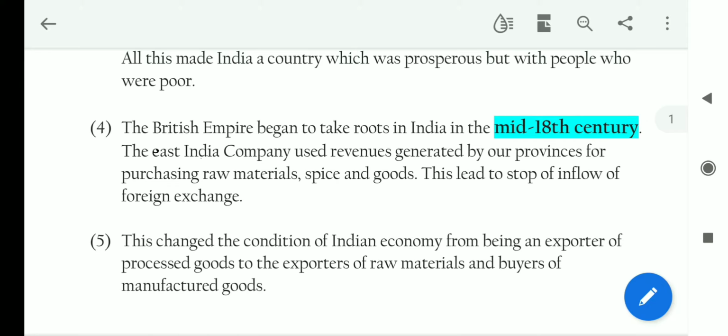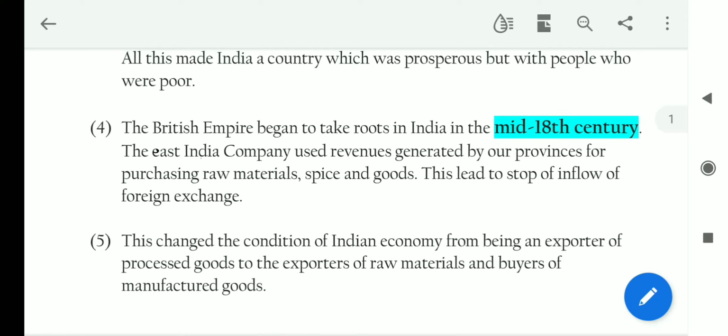Now here we are talking about the mid 18th century, when we were under the control of British rule. At that time what was the situation? The East India Company was using our revenues to purchase raw materials, spice and goods that we were selling to Britishers. We were thinking that British currency would come into India, but they were using our currency to purchase our raw materials, spice and goods.